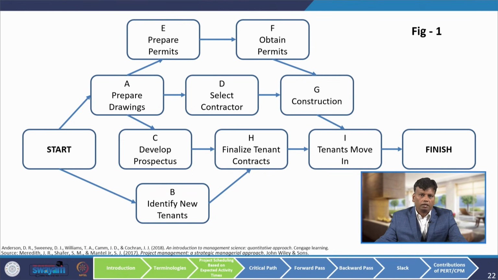Now, by considering the precedence and the duration of each activity, I have constructed the network form. Note that I have added two new things, the start and finish, then activities A, C, B, D, E, F, G, H, I, all drawn by considering the precedence given in the table.